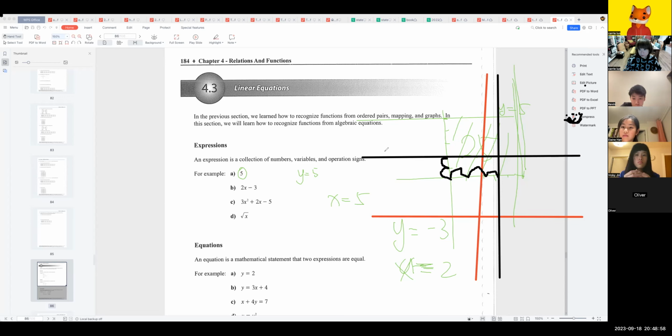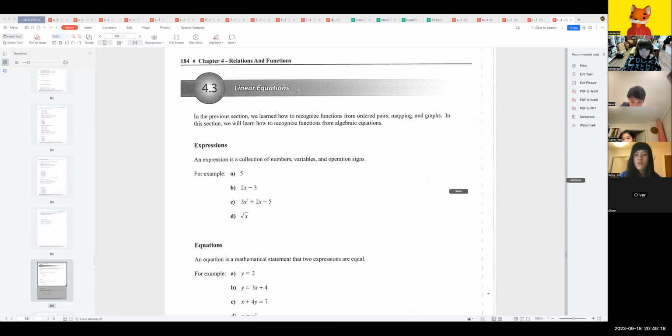So y equals -3, 1, 2, 3, and x equals 2. So it's what? 2 times 3 equals 6. Okay, everybody, good job.